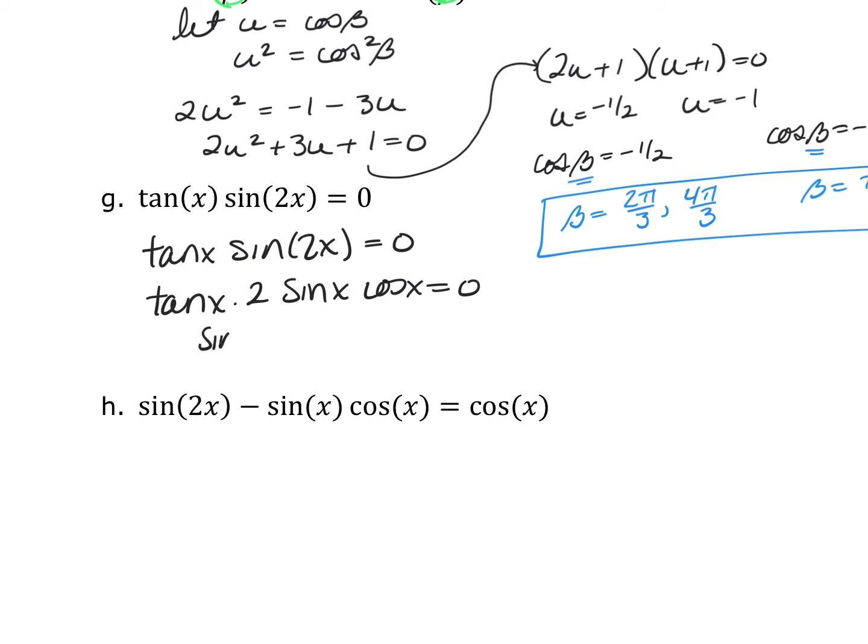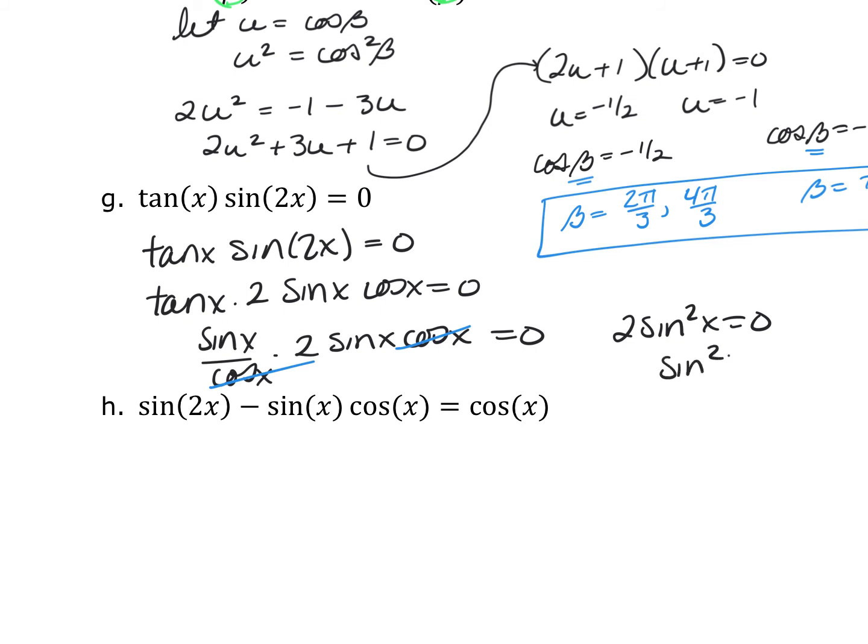We have the sine of x over the cosine of x multiplied by 2, multiplied by the sine of x, multiplied by the cosine of x is equal to 0. And you're like, oh, cool. These cancel. And I end up with 2 times the sine squared of x is equal to 0. I divide both sides by 2, and I get the sine squared of x is equal to 0. Take the square root, and so I'm really just chasing when the sine is equal to 0.